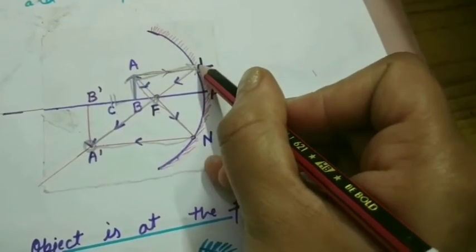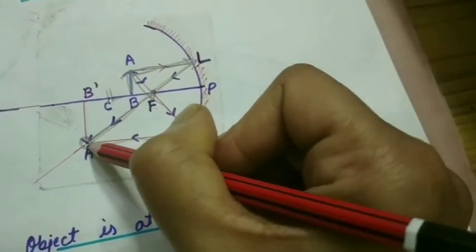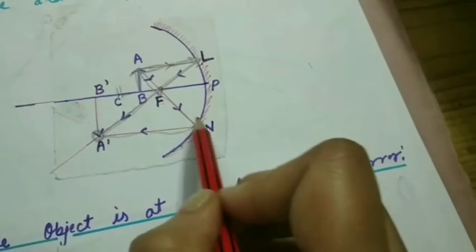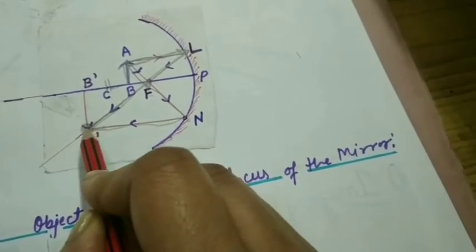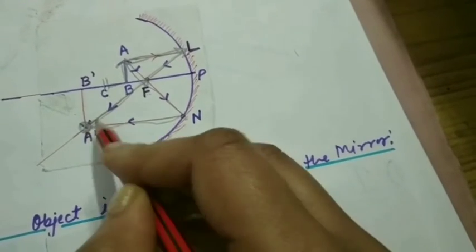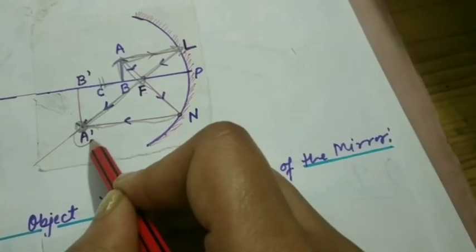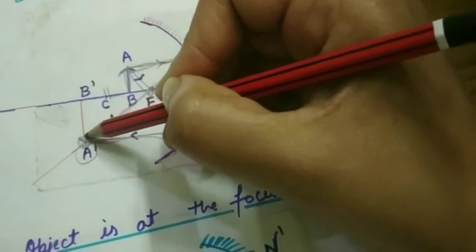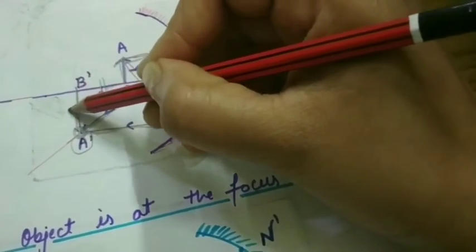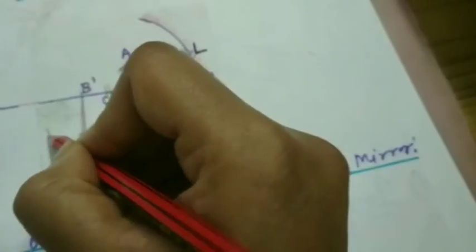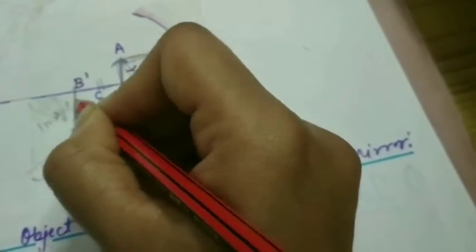This incident ray was AL, it will get reflected back here. Another incident ray was AN, this is reflected here, and they both intersect each other at the point A dash. So when we drop this onto the principal axis, we get the image of that object. This is the image.